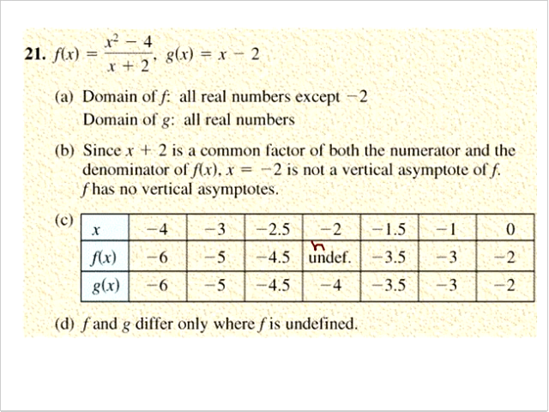So this is where the hole happens. All right. So we answered A, we answered B, and that there's no vertical asymptotes in either one. We filled in the table for C. And then D is where do they differ? They only differ where that hole is present in f.